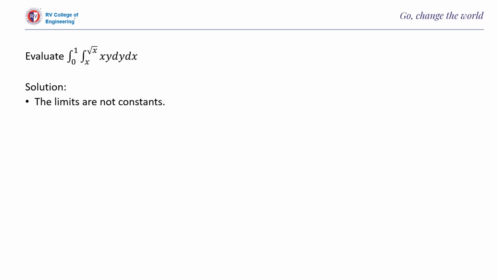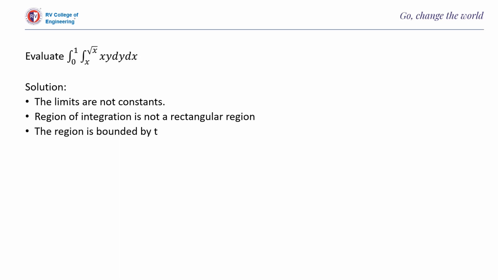We can observe that the limits are variable limits, y varying from x to root x, x varying from 0 to 1. So this shows that the region of integration is not a rectangular region, but it is a region bounded by the curves y equal to x, y equal to root x, x equal to 0 and x equal to 1.